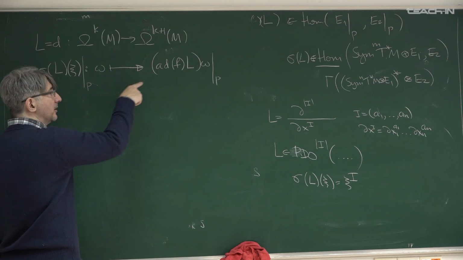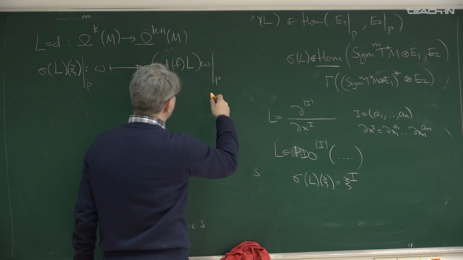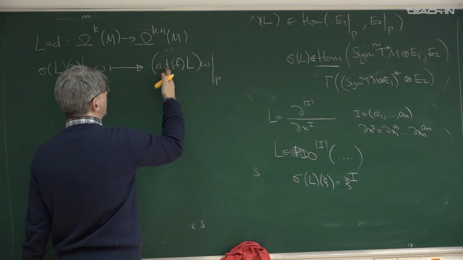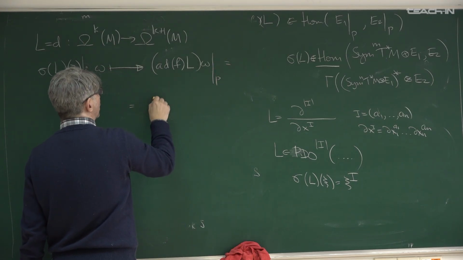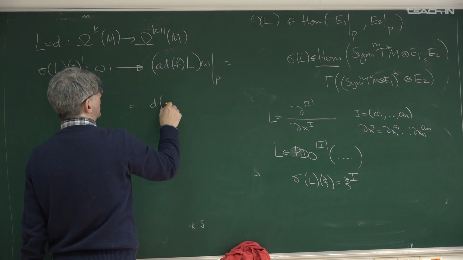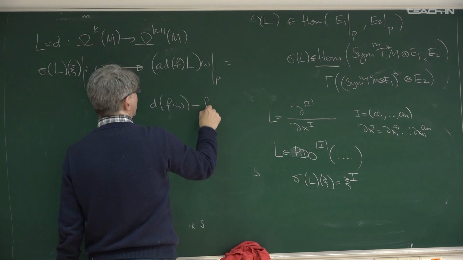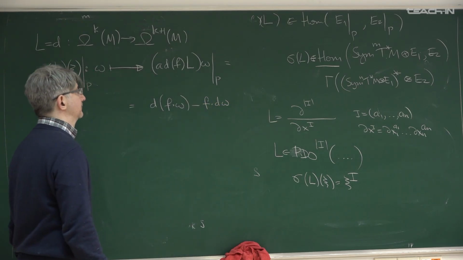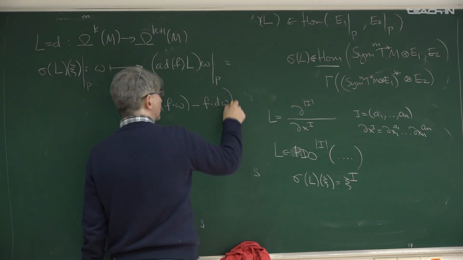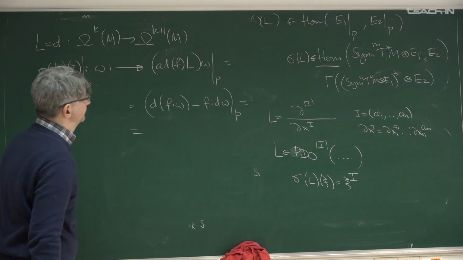At another point, I use another representation, another function. But the formula which I will obtain now will be point independent. So let us calculate this. What is happening here? We take the differential of the function times omega minus f times the differential of omega. Then we substitute the point p. Okay. What is written here?